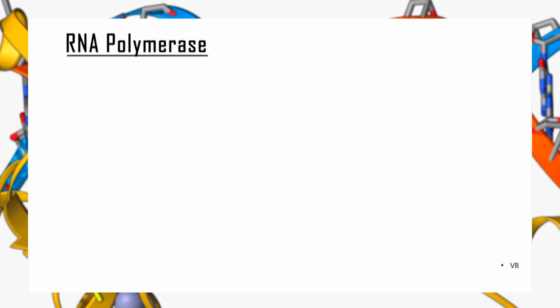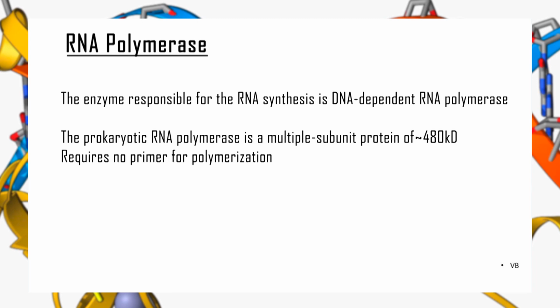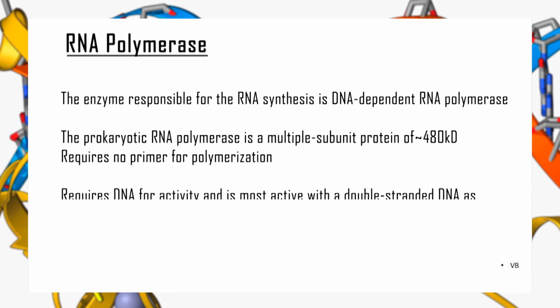RNA polymerase is the enzyme responsible for RNA synthesis; it is a DNA dependent RNA polymerase. The prokaryotic RNA polymerase is a multiple subunit protein of 480 kD.